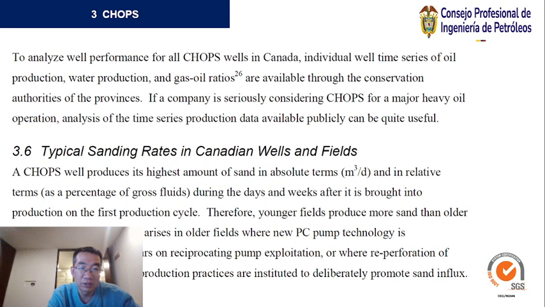An exception to this arises in other fields where new PCP technology is implemented after some years of reciprocating pump operation, or reperforation of wells and more aggressive production practices are instituted to deliberately promote sand influx.